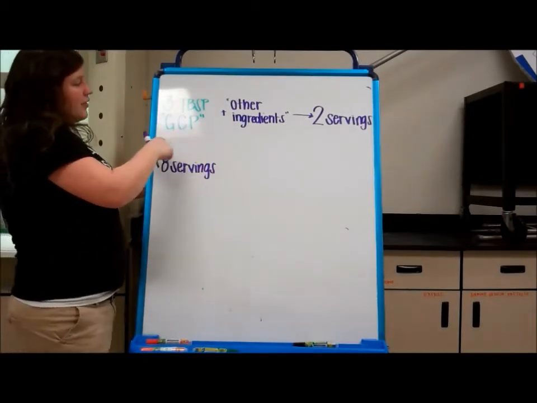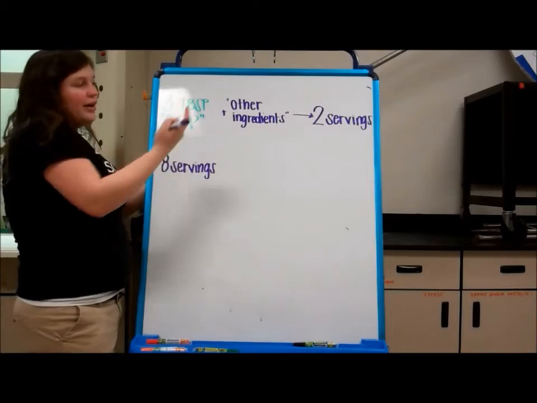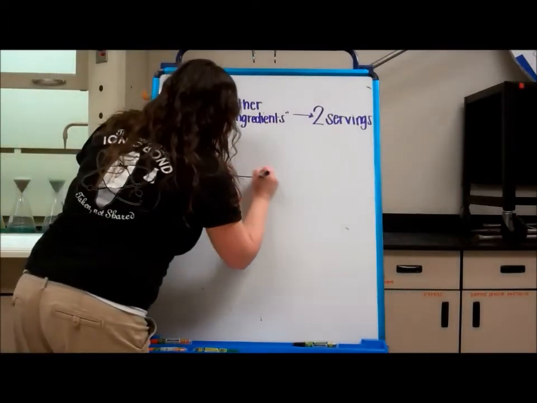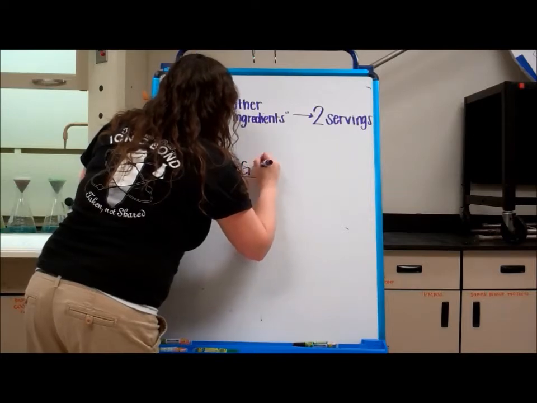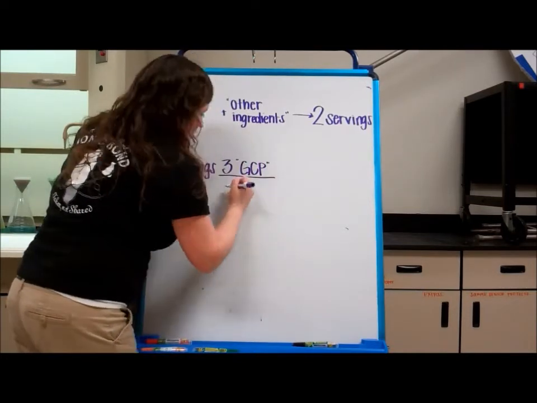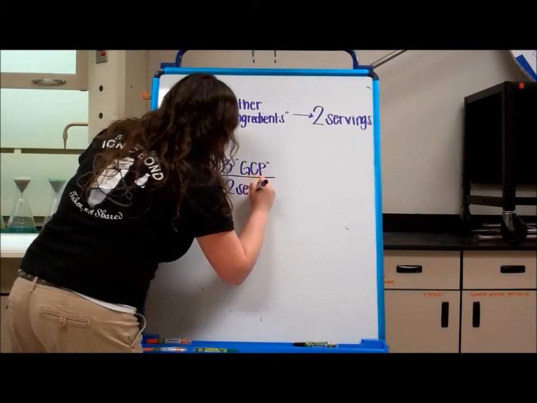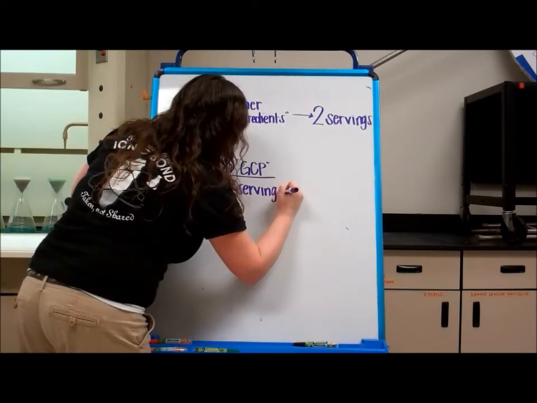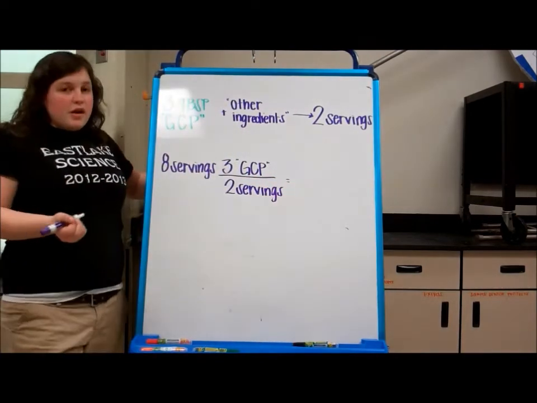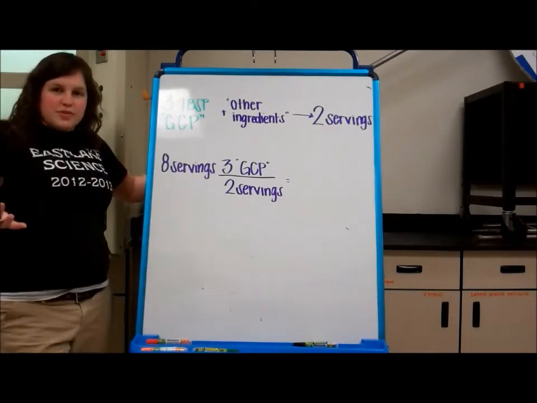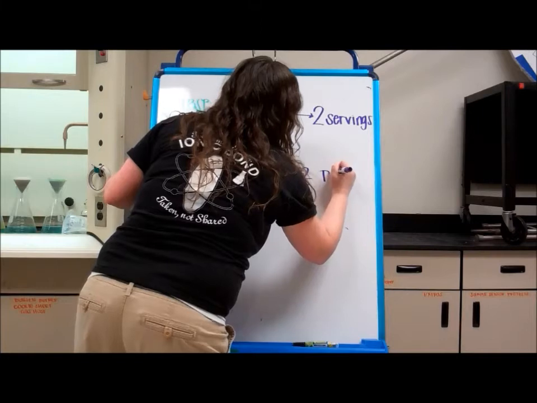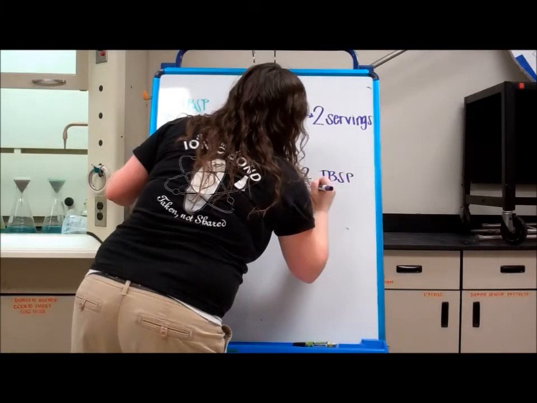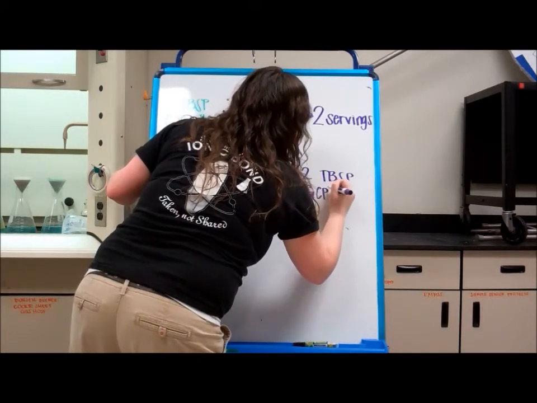If I know that for every 3 tablespoons I put in, I'll get 2 servings out, 3 of the green curry paste for every 2 servings. We can multiply across, and 8 times 3/2 is 12. So we need 12 tablespoons of green curry paste.